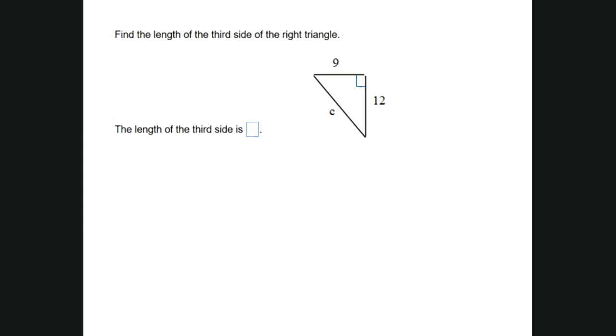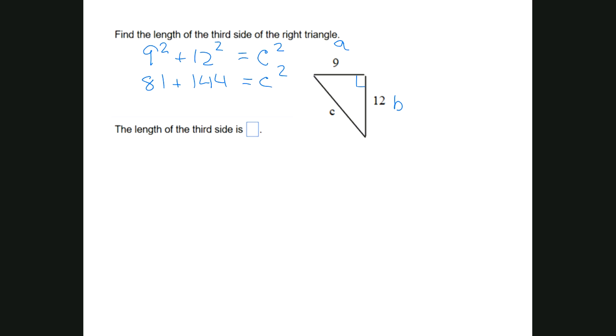So I have my two legs, A and B, and the longest side is C. So we're looking for side C. Leg squared plus leg squared equals longest side squared. 9 squared is 81. 12 squared is 144. And we're going to leave that right-hand side just as is, equals c squared.